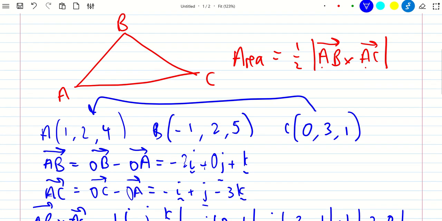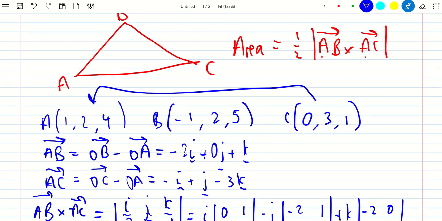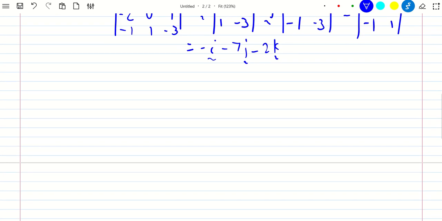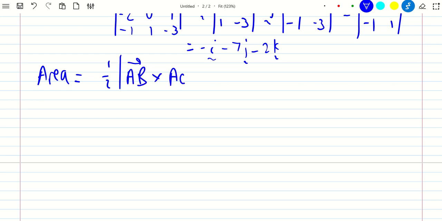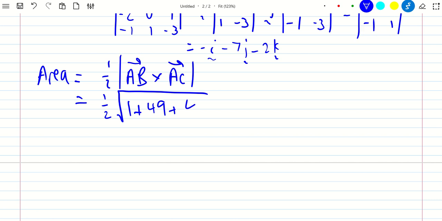We can pretty much go to our formula now because we're pretty close to doing it. So my area equals half the magnitude of AB cross AC. The magnitude of this vector will be the square root of 1 squared, which is 1, plus -7 squared, which is 49, plus -2 squared, which is 4.